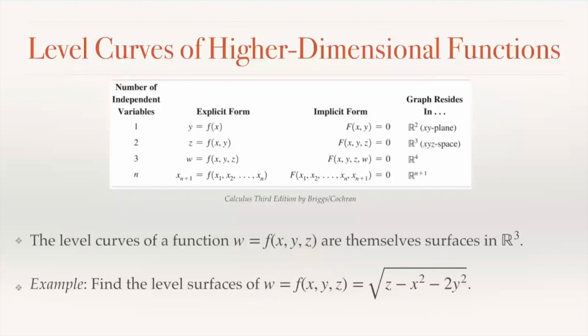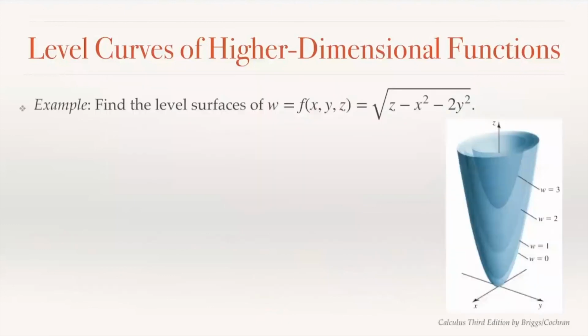Well, here now we let w equal w naught and find what the surfaces look like for different constant values of w. Seems I put a visualization here already, just to help out for where we're going with this. So instead of level curves, we'll wind up with whole surfaces now when we set w equal to different constant values. And here's what that looks like.